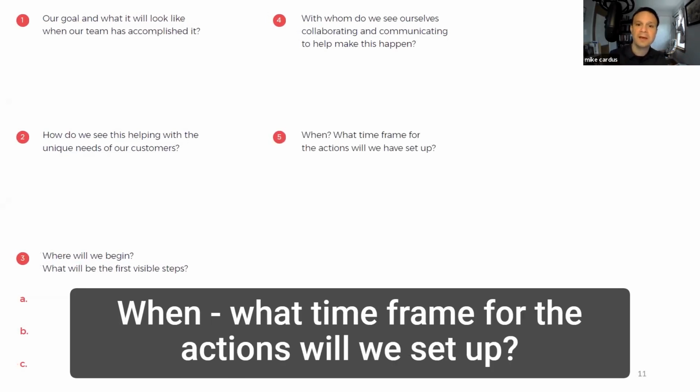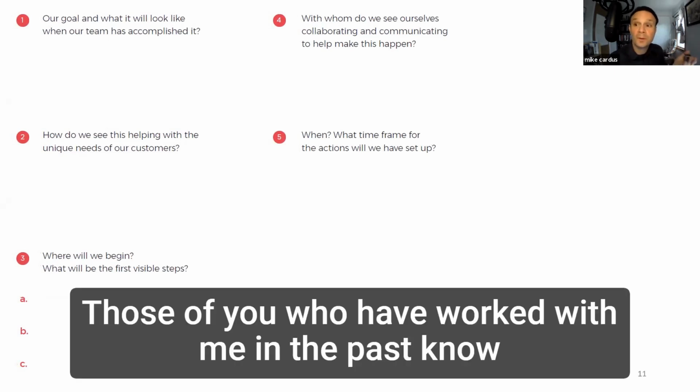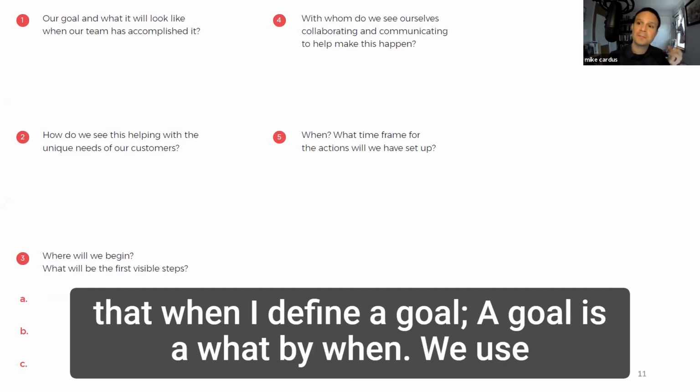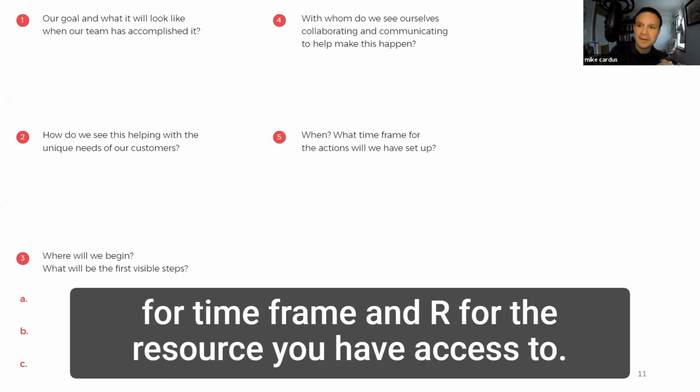Next, when? What time frame for the actions will we have set up? So those of you who have worked with me in the past know that when I define a goal, it is a what by when. We use the acronym QQTR. Q for quality, Q for quantity, T for time frame, and R for resources you have access to.